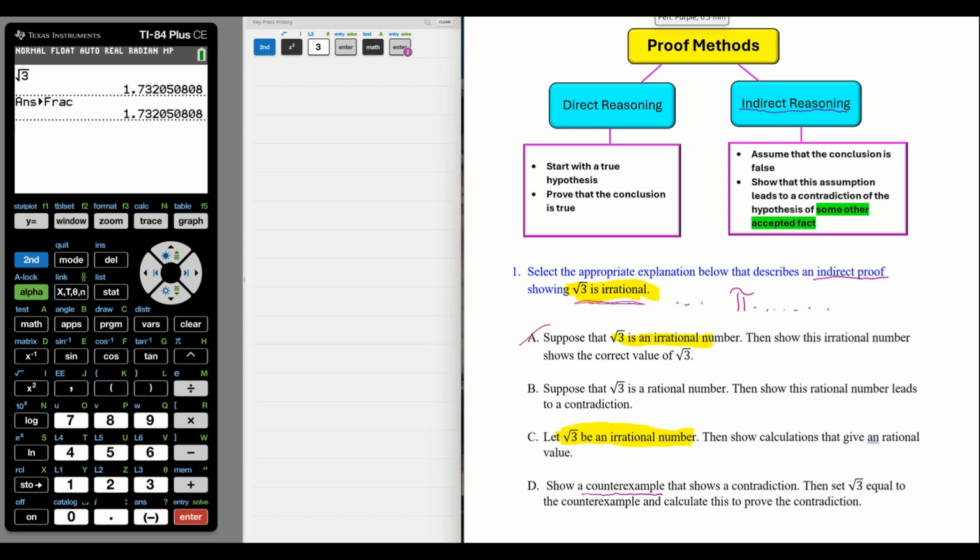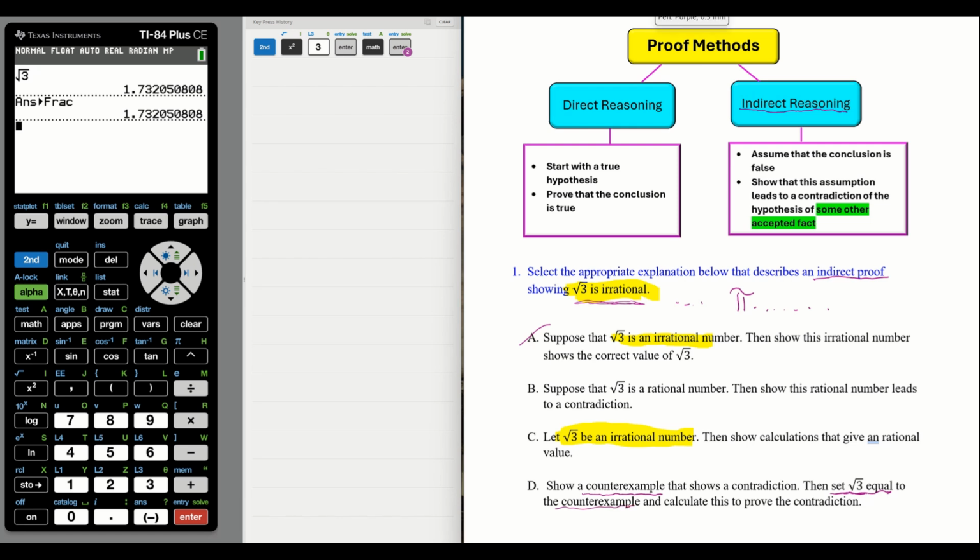There isn't. And not only that, if you want to show a counterexample, it says show a counterexample that shows a contradiction, then set the square root of 3 equal to the counterexample.